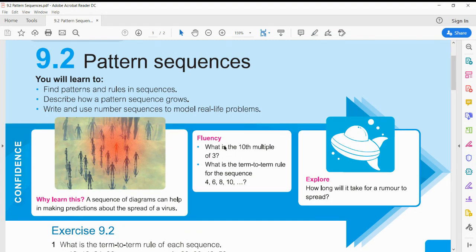Fluency. So the 10th multiple of 3, the term-to-term rule of it, all these things are stuff you should already know, which is going to help you answer these questions. And just explore how long it takes a rumor to spread. That's just getting you to think about things in a slightly different way.